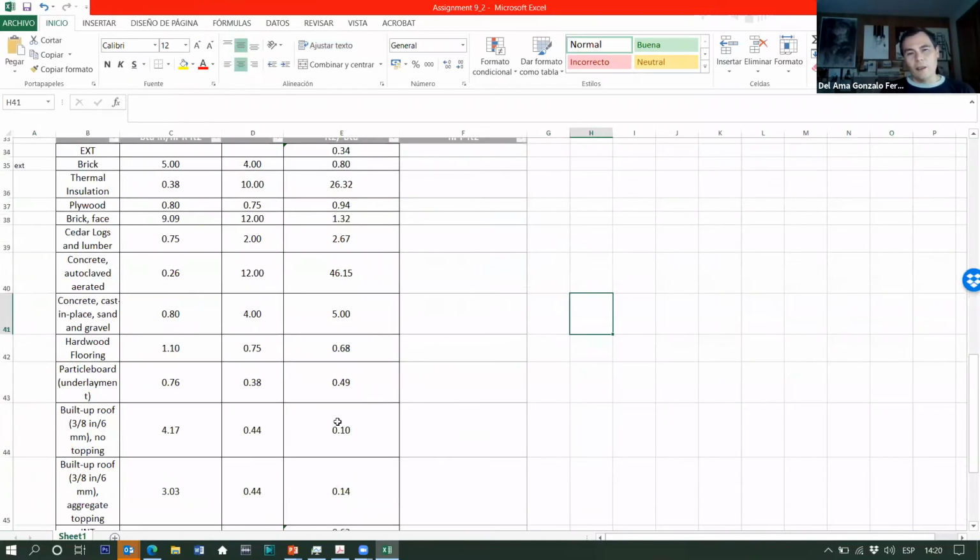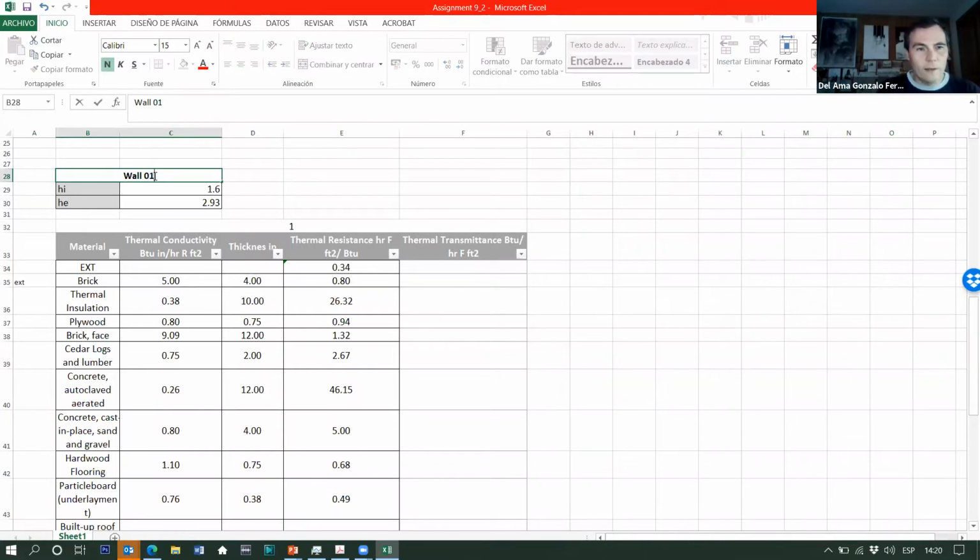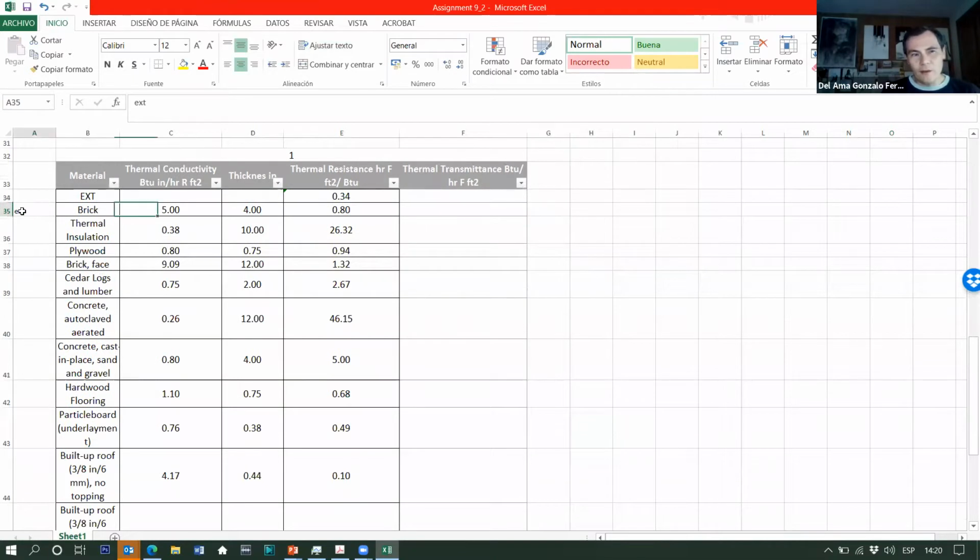Like this. Why I'm doing this? Because I'm going to generate different walls. That will be wall 1. Okay, and now I'm going to delete some of these layers I have here.